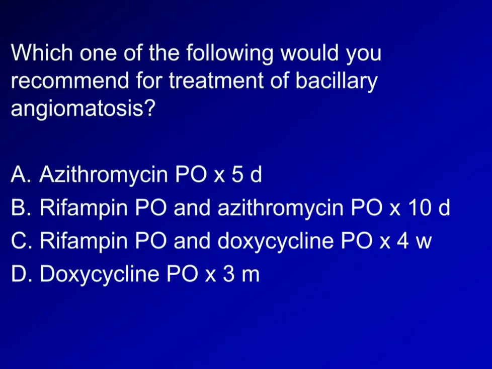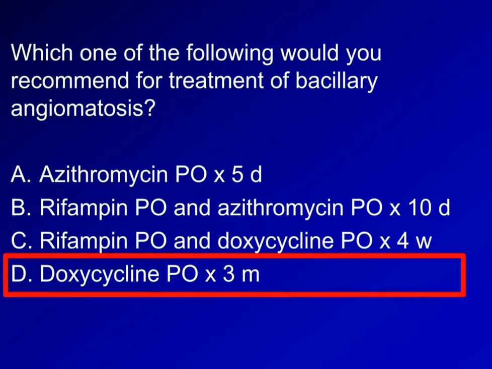When in doubt with a severely immunocompromised person with bacillary angiomatosis, go long. A is the correct answer for an immunocompetent person with cat scratch disease. B is going to be hepatic disease. C is retinitis, right? Neurologic or retinitis. Correct.